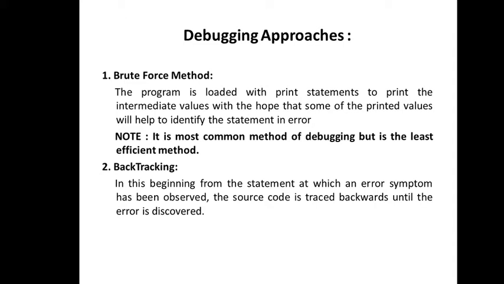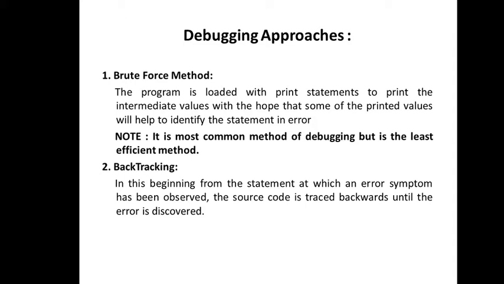Say after each line or after each alternate line, you can add a printf line just to check the intermediate output. So after one line comes the printf line, then another line, then again a printf line. So you can check the intermediate output.